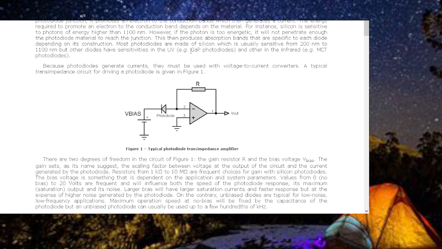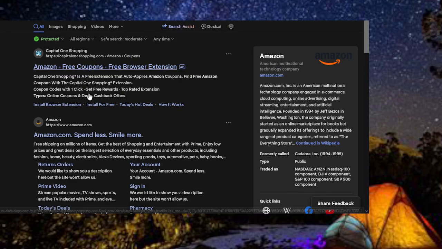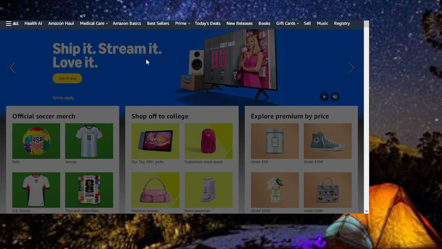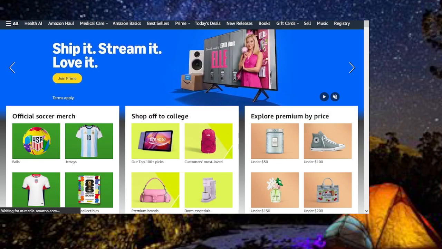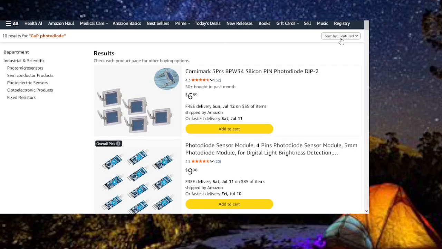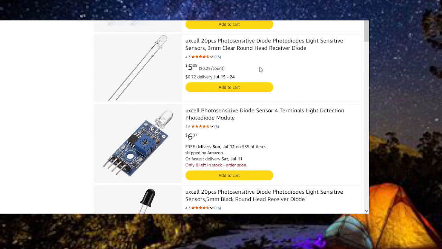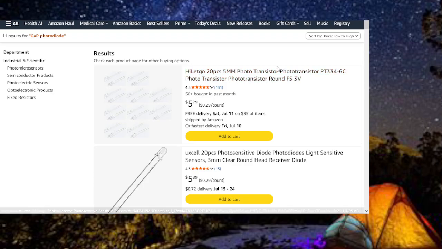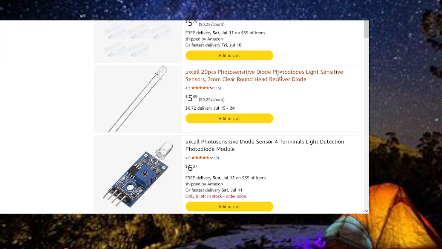You know what I'm going to do? Phototransistors, photodiodes.